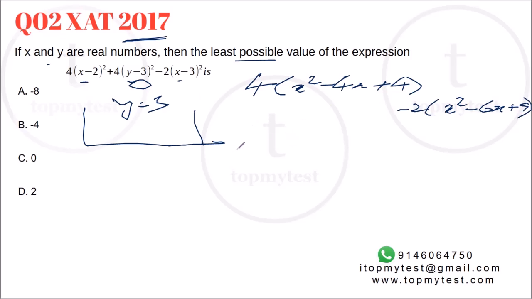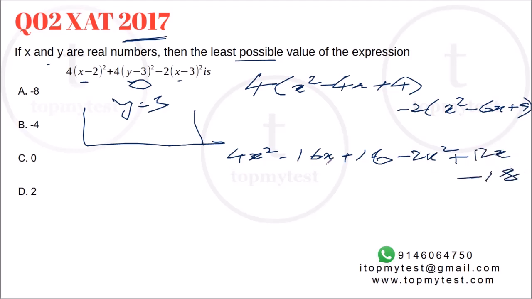Rewrite this, you'll get 4x square minus 16x plus 16 minus 2x square plus 12x minus 18. This goes to 2x square minus 4x minus 2.